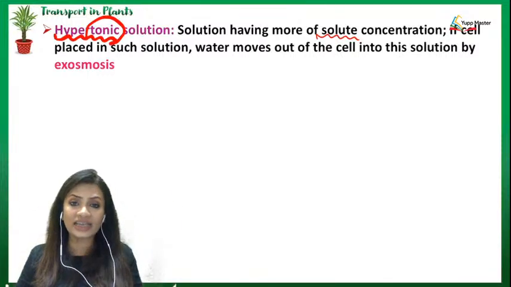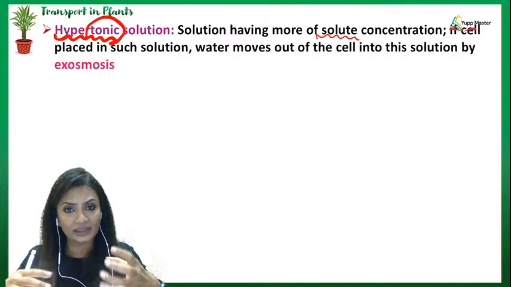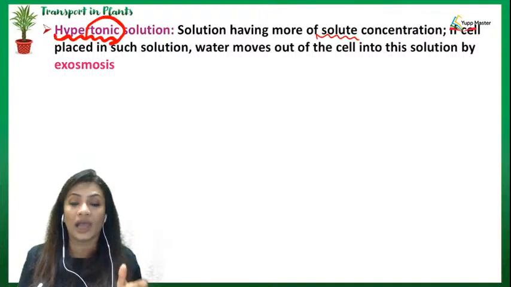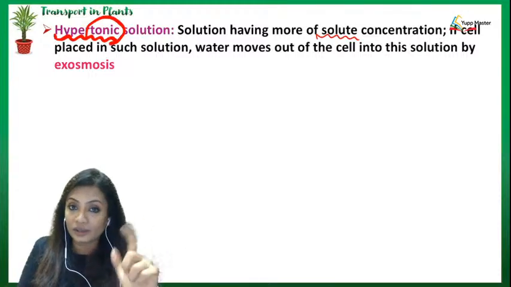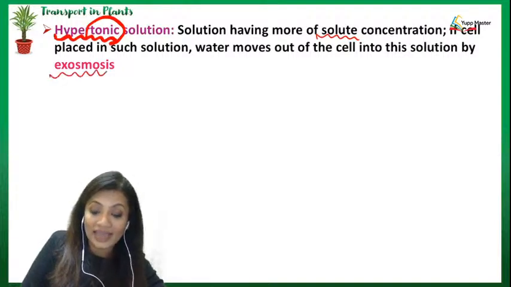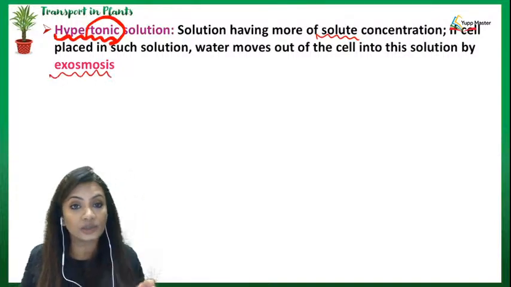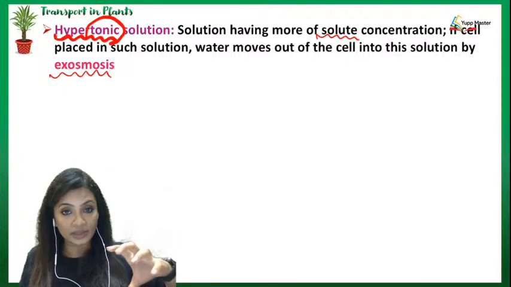When the solution has too many solutes, water comes out of the cell and the cell becomes shrunken. We learned that when water moves out of the cell, we call that exosmosis, right? So that movement of water outside the cell, because there are too many solutes outside the cell, is called exosmosis.